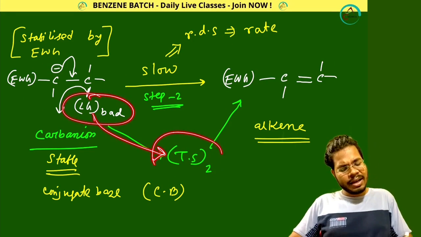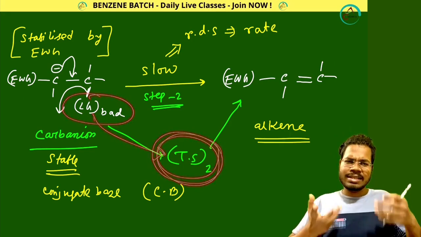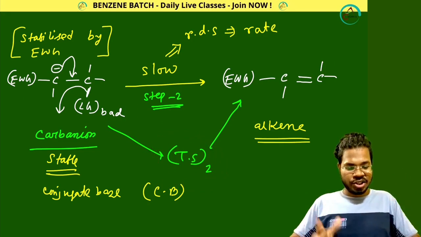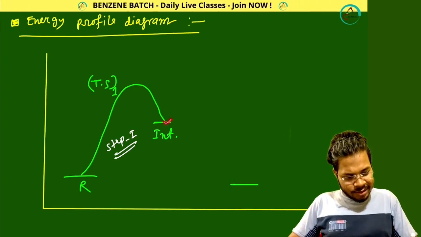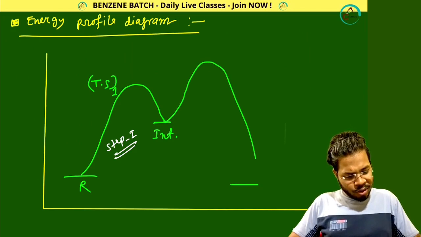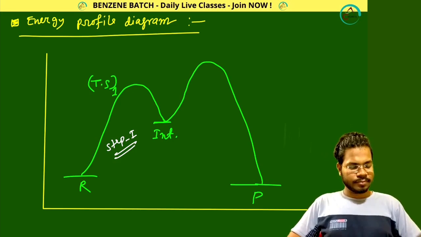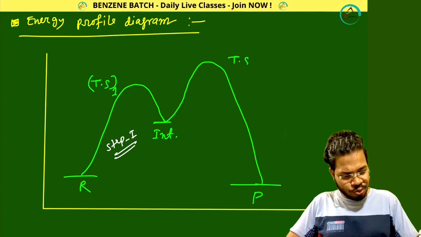Because of that, the transition state will not be that stable. It will be very higher energetic. So in step 2, from the intermediate, this transition state will go higher, and then it will give you the product. So this will be your transition state 2.